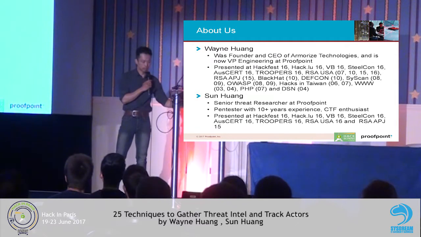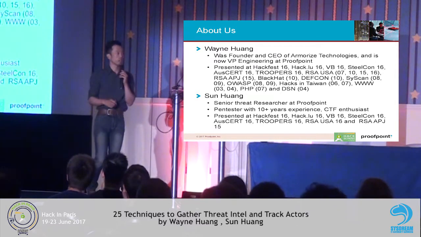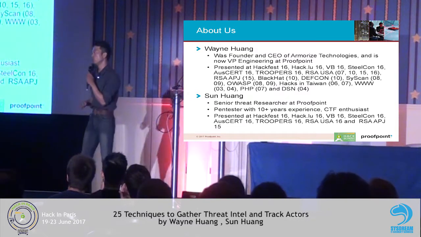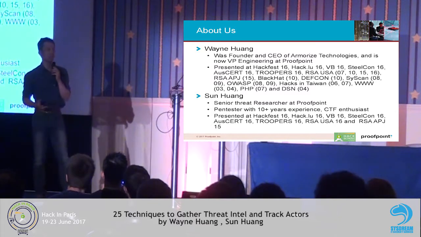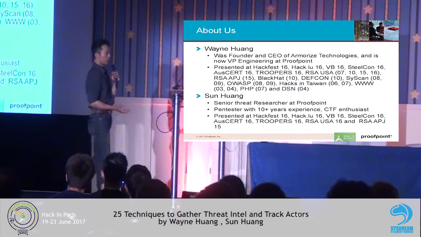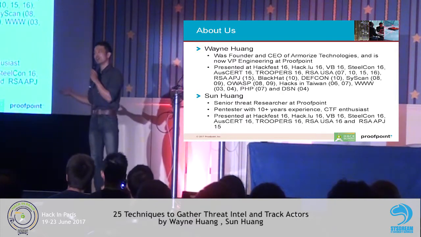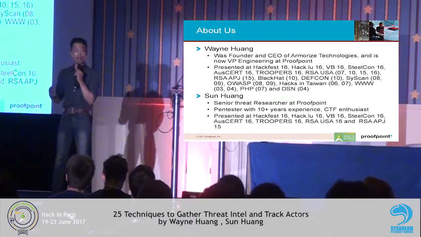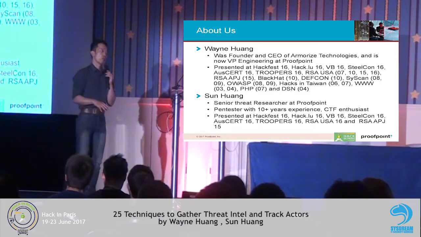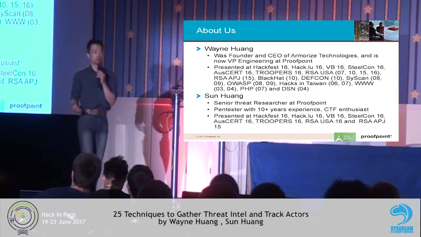All right, a little bit about our background. I founded a company called Armorize Technologies in 2006. Most of us are in Taipei. We started out as a web application security company. We developed and sold a product that scanned source code for application vulnerabilities, and we did a lot of pen testing as well.